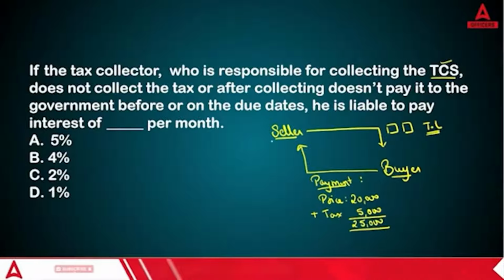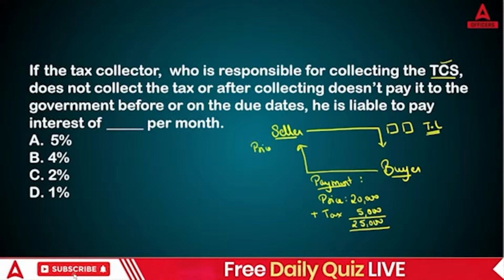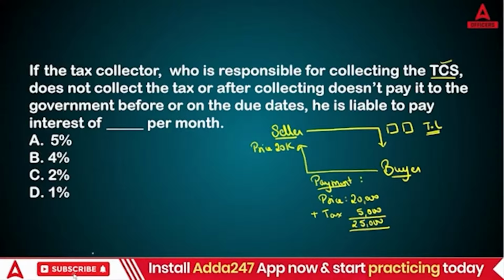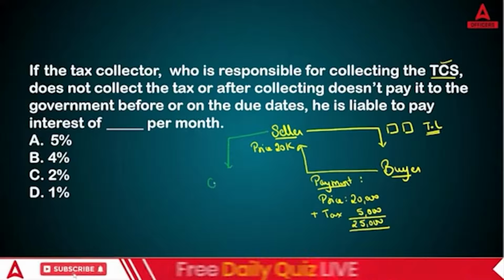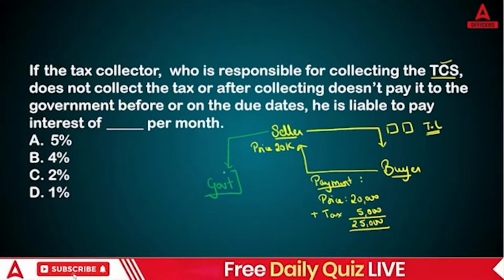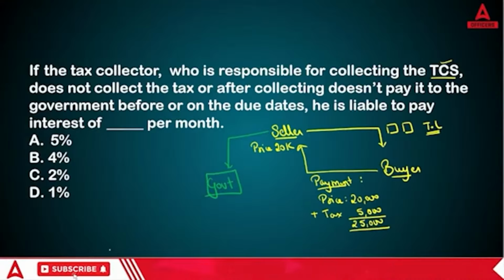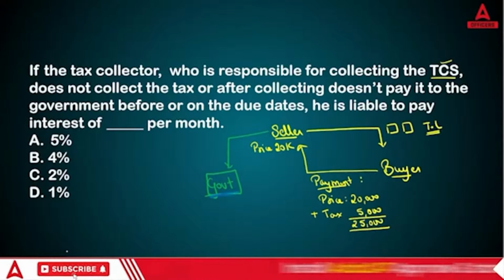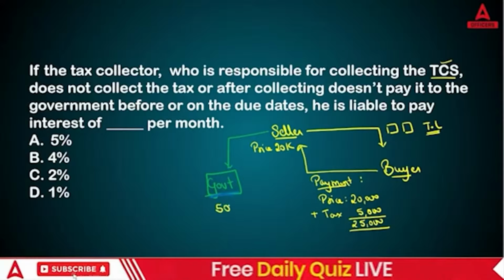So here seller will keep this price of 20,000. Yes, and this remaining 5,000 seller will transfer to the government. Seller will collect total amount 25,000, but this 5,000 belongs to whom? This 5,000 belongs to government. Yes.